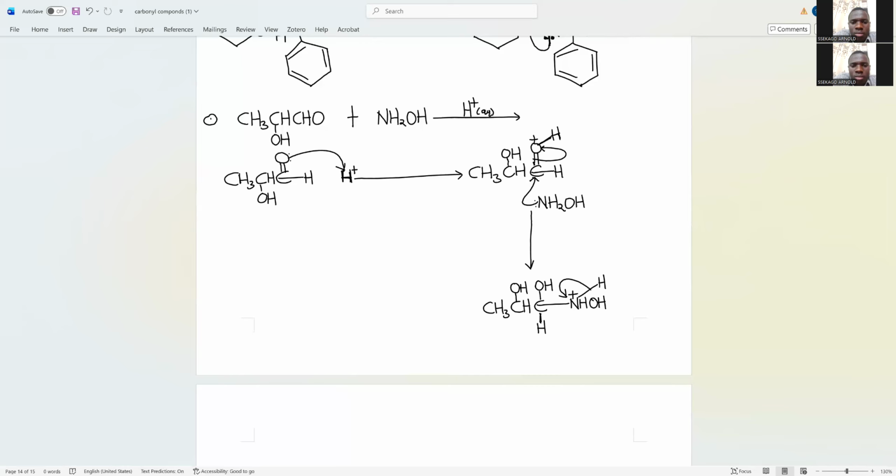So once we do that, this arrow has to point there. Then the hydrogen now also becomes electron deficient. It will have to shift to this oxygen here, which has lone pairs of electrons. So we have lone pairs of electrons there.